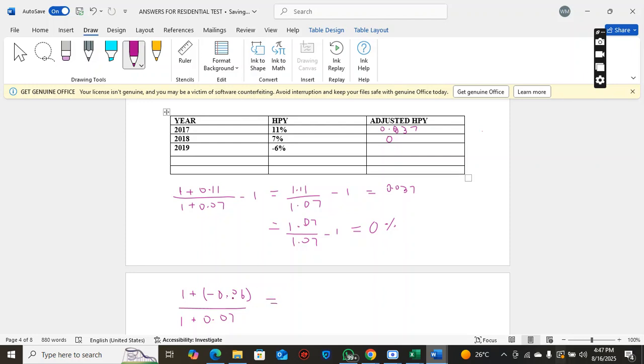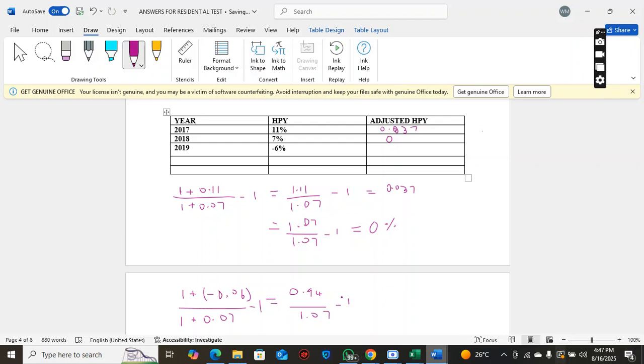So 1 minus 0.06 should be 0.94, divided by 1.07, minus 1.